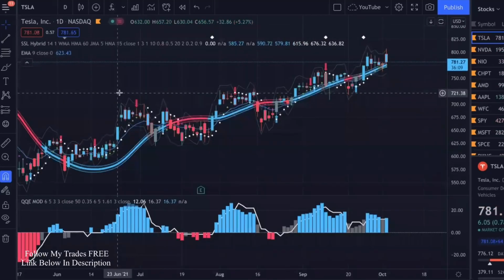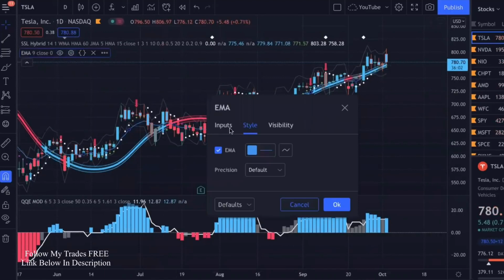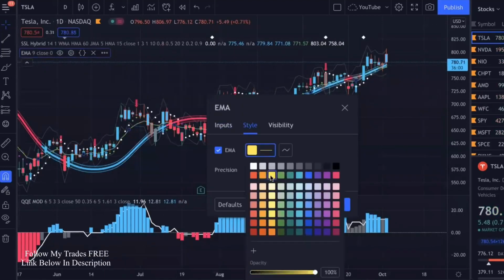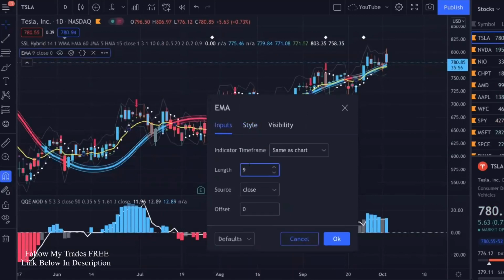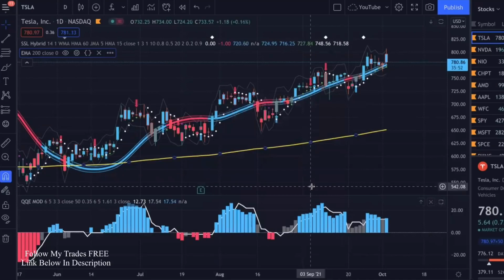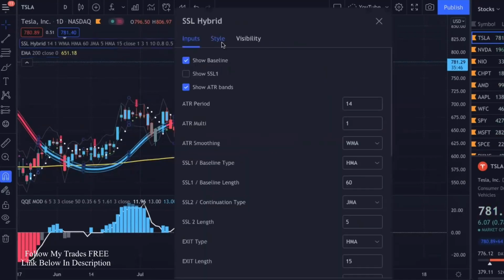Let's make some edits to make the graphs look a little bit better. We're going to change the EMA. I'm going to use a different color, make it a little bit darker, and we're going to change it from 9 to a 200 period EMA to look at the overall trend. Next, in SSL Hybrid, we're going to make some edits to make it look a little bit cleaner.